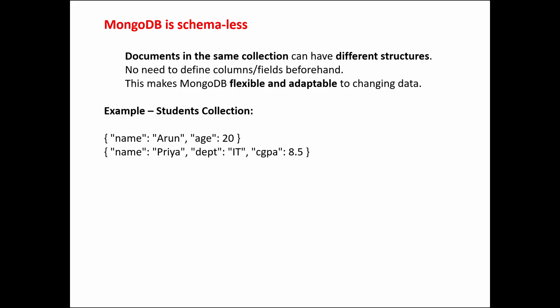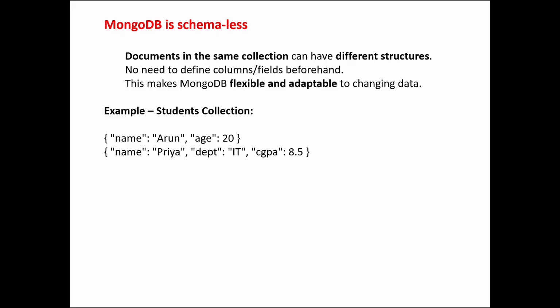Next, MongoDB is schemaless. See here the student collection example: the first document contains name and age, but the second document contains name, department, CGPA. By seeing the example you can decide. The student collection, that is the student table, has just two documents, that is two rows. The first document contains two fields, that is two columns, and the second document contains three fields, that is three columns.